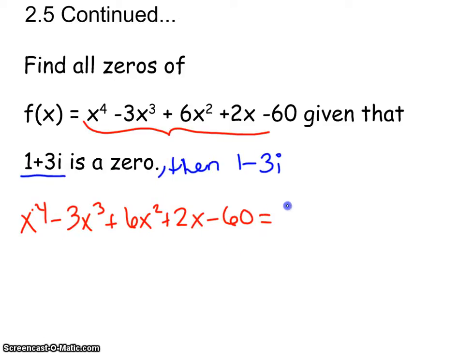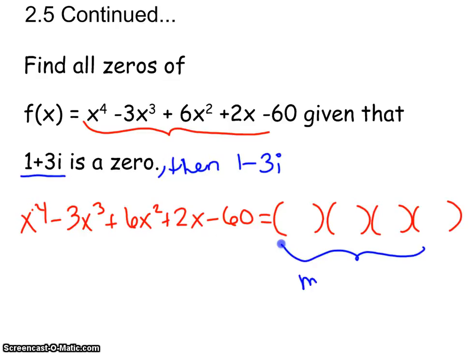If I were to factor this, there would be 4 factors. And I know that because the fundamental theorem of algebra says there are 4 complex solutions, because of that 4 there. If I were to multiply all of these factors, then I would get that polynomial.